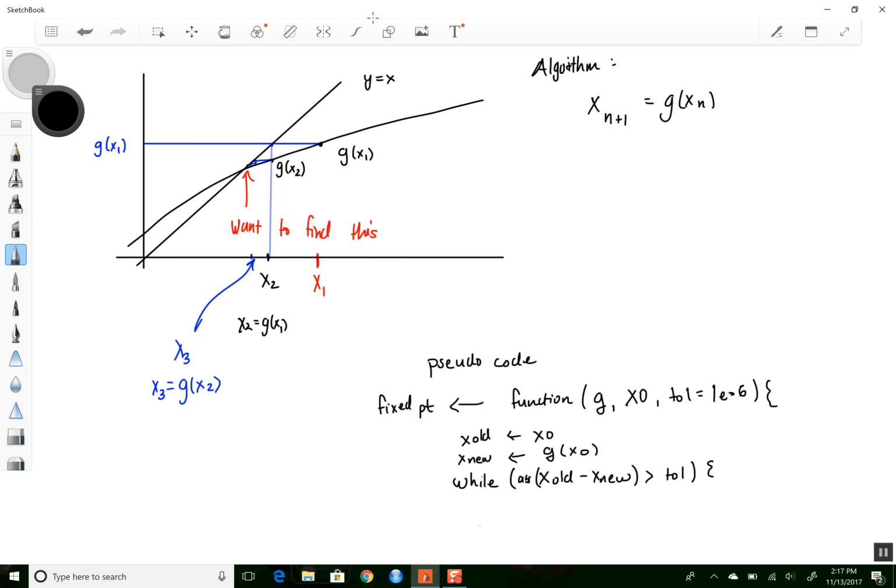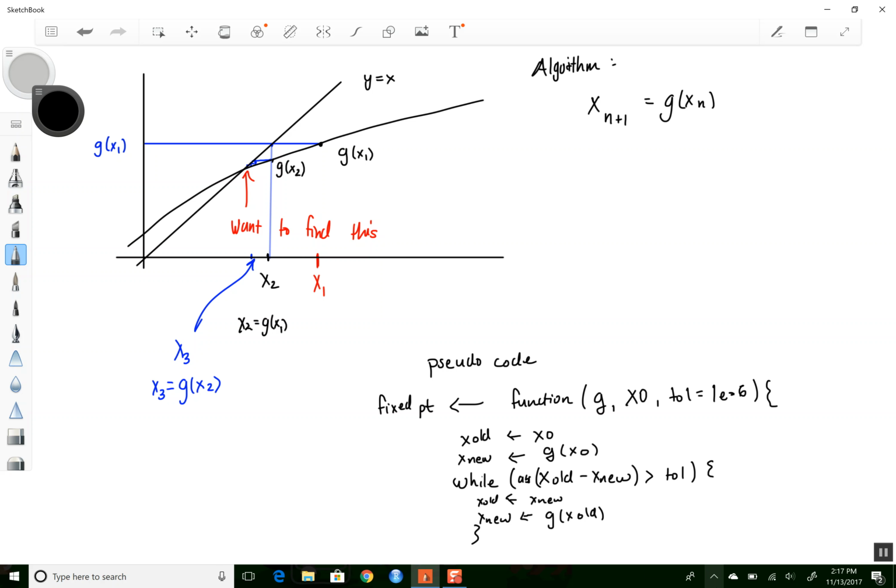And inside the while loop, all we do is our current x new becomes the old, and then we reassign x new to be g at x old. And that's it.